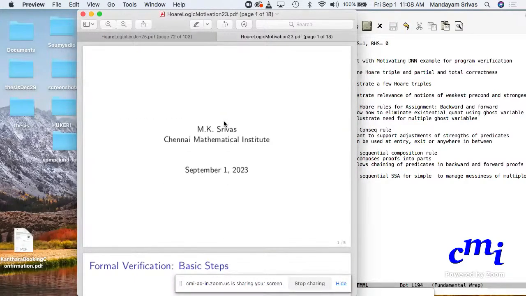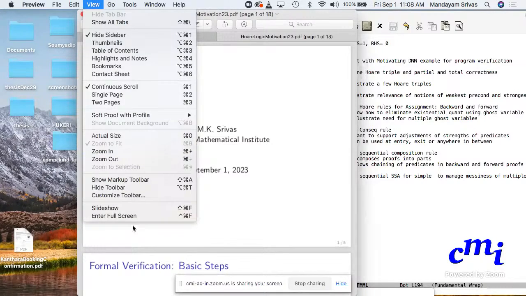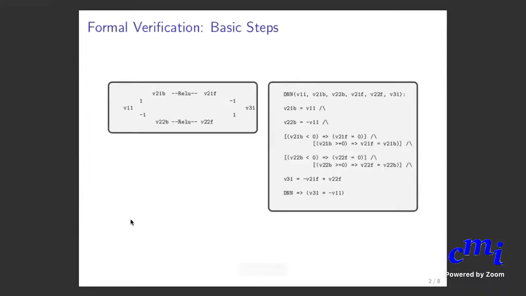Okay, you can see my screen, Guhan, there? Yes, sir. Okay. Maybe that be better. Yeah. Okay. Can you read it from there? If not, you may want to move.